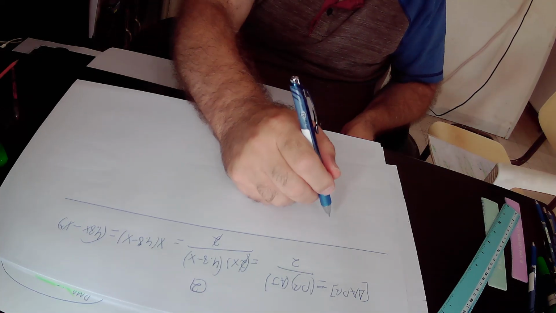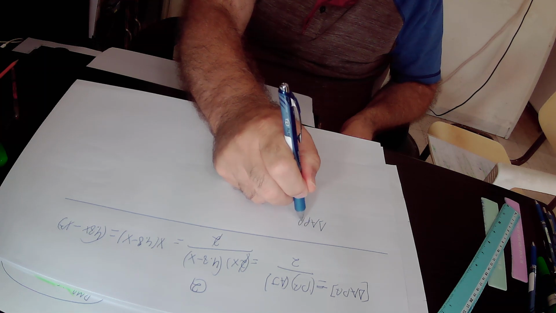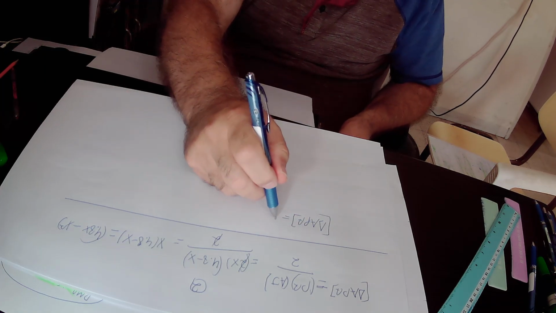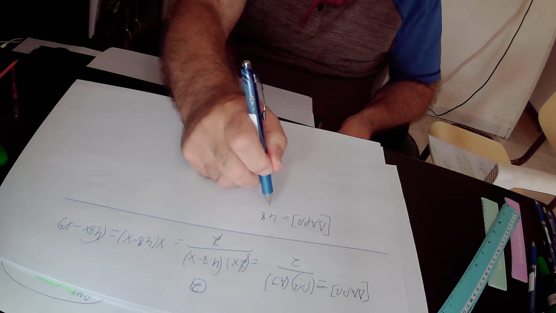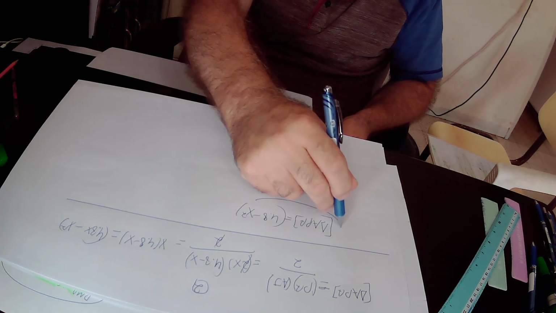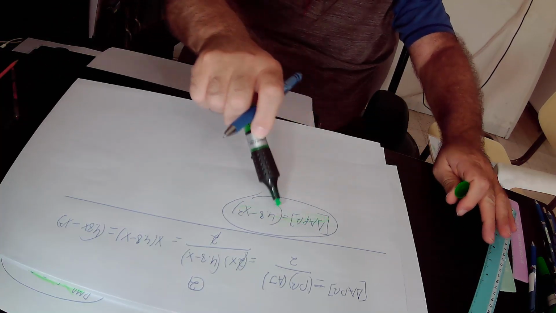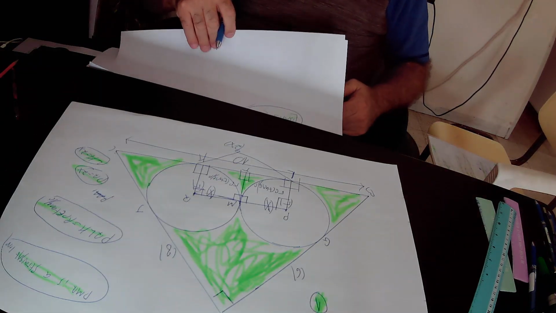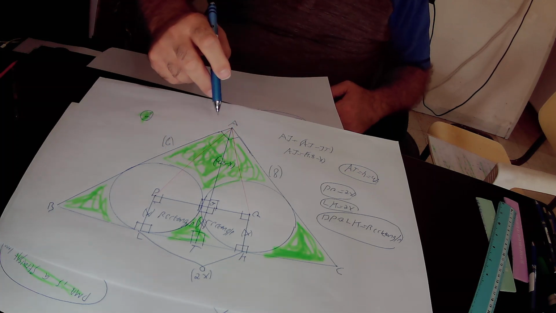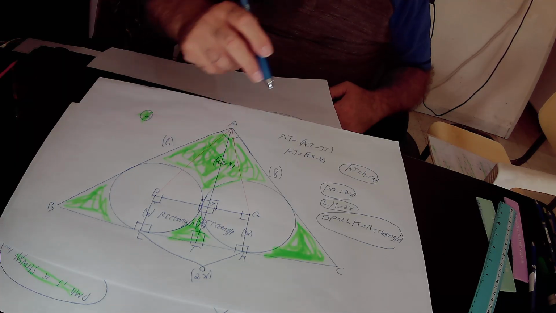So in total, the area of the small triangle APQ is equal to 4.8x minus x squared.